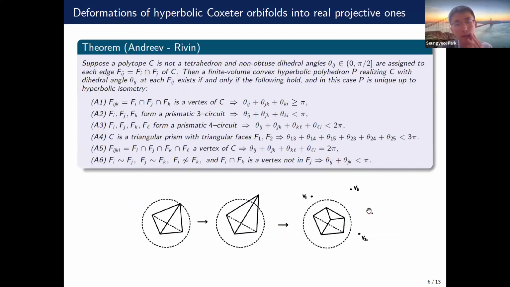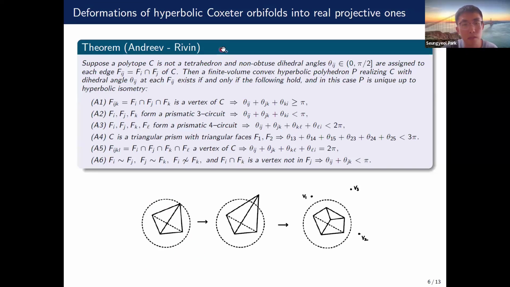In another context of thinking of Coxeter orbifolds, we can start from a hyperbolic Coxeter orbifold and deform it into a real projective orbifold, to generate another non-trivial example of a Coxeter orbifold. A hyperbolic Coxeter orbifold is basically a hyperbolic convex polyhedron lying inside hyperbolic space.